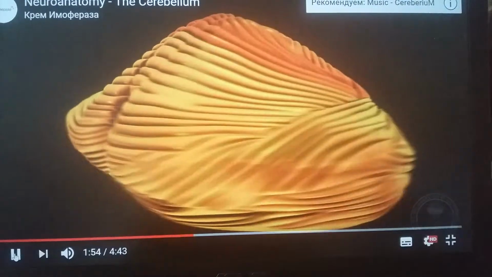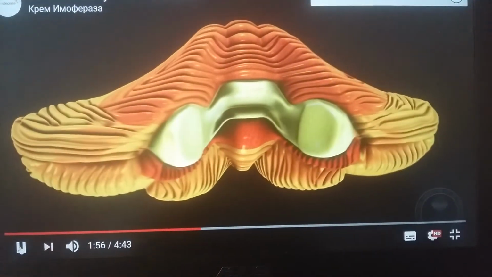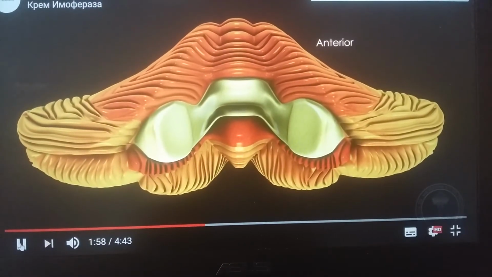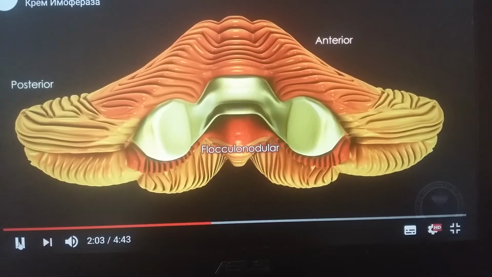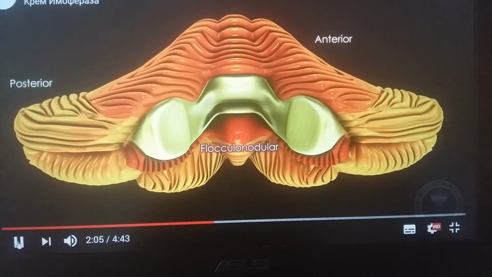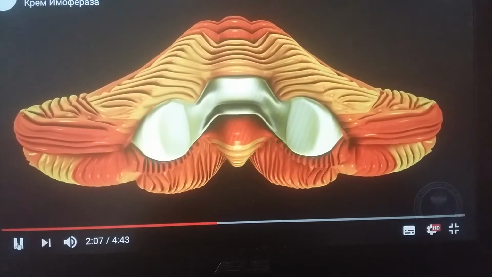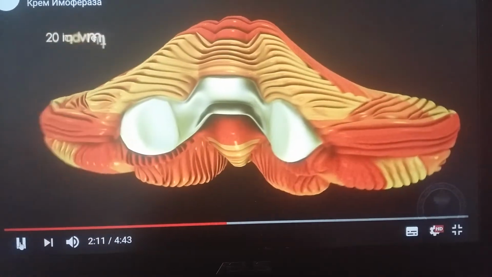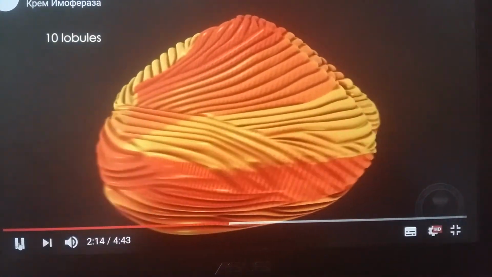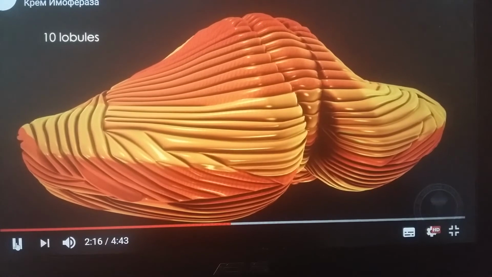The cerebellum is divided into 3 main lobes: anterior, posterior, and a floccular-nodular lobe. These lobes are subdivided into 10 lobules by secondary grooves.